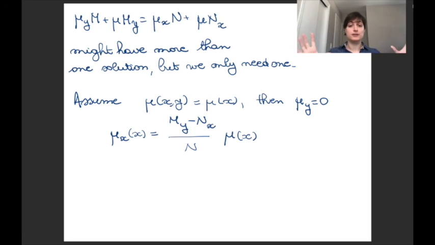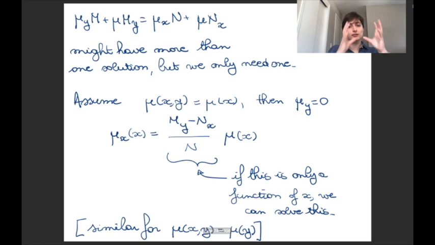Now, mu only depends on x, so we need the central fraction to only depend on x. If that is the case, then we can solve the ODE and find a solution, any solution, and use mu back. Sometimes this assumption doesn't work. Maybe the opposite assumption works. So we can assume that mu only depends on y and not on x and do the same trick and hope to find a function mu that satisfies our requirements.